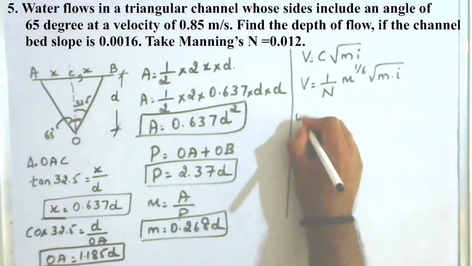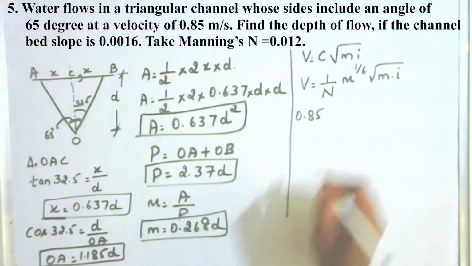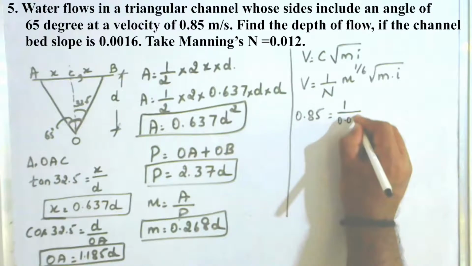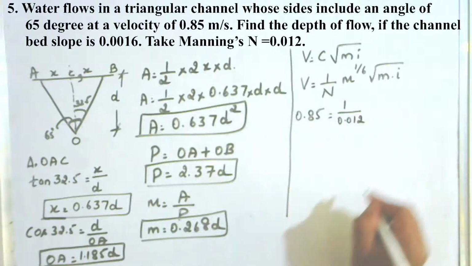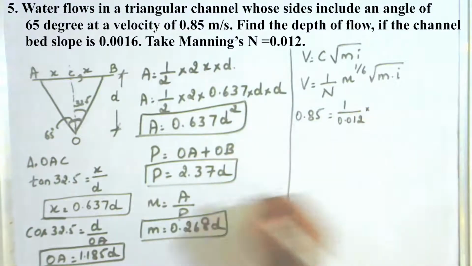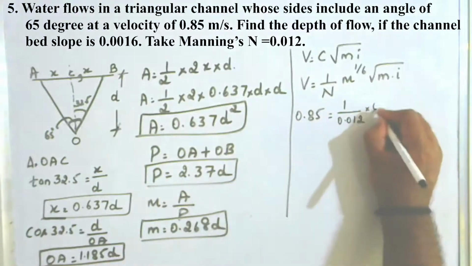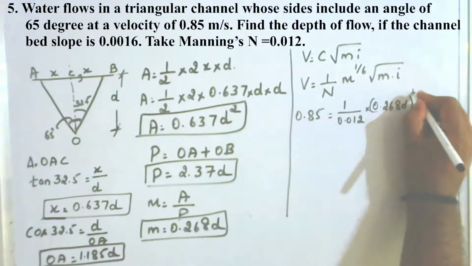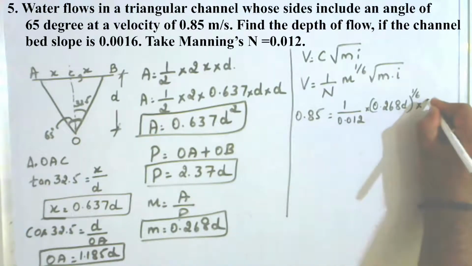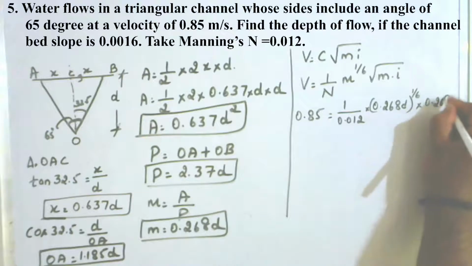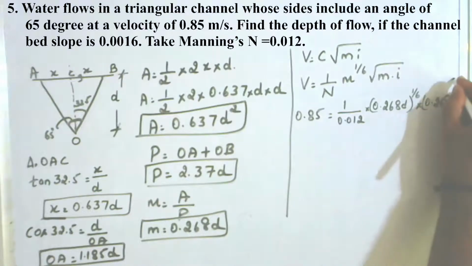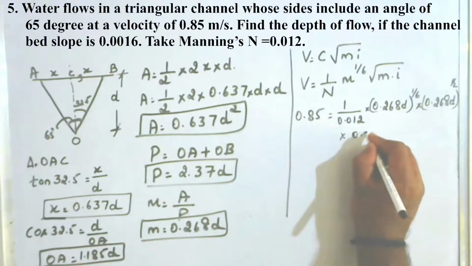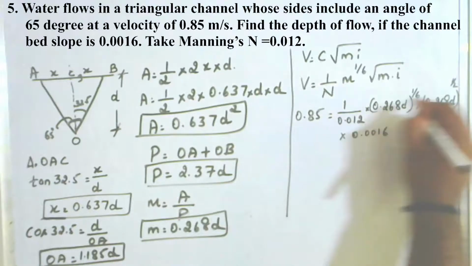You substitute the value of velocity as 0.85, which is equal to 1 by Manning's N, 0.012, into M. You substitute in terms of D, that is 0.268 D to the power of 1 by 6 into 0.268 D to the power of half, root I have taken as half, into I value as given, 0.0016. Now everything is in D only.